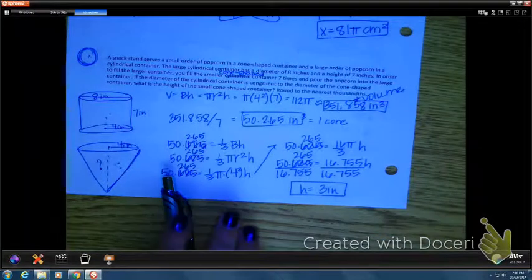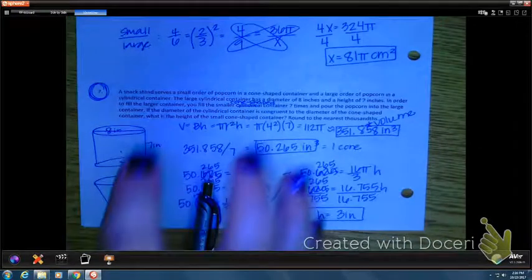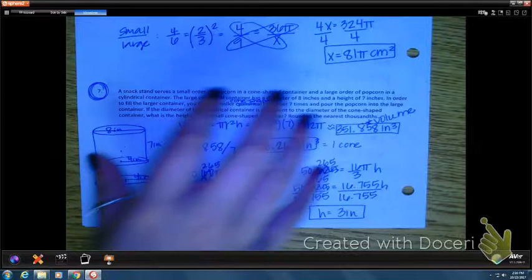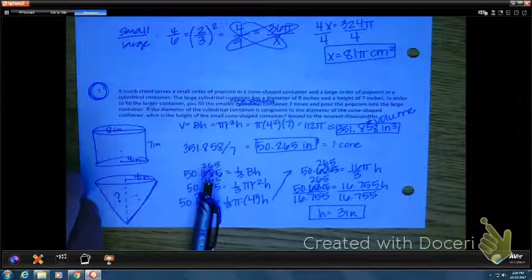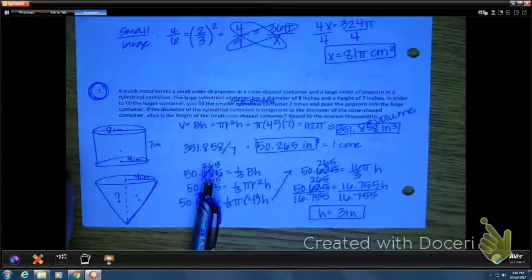Okay, so your quiz next class covers everything we did today, everything we did with Chapter 3, and everything we did on Friday, which was the surface area and volume of cylinders, spheres, and prisms. So you have the remaining probably 30-ish minutes of class to work on the homework assignment from tonight.